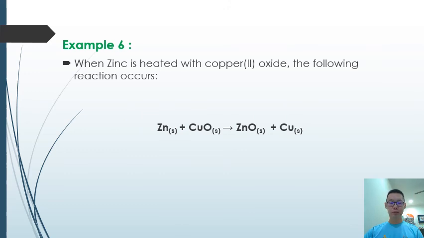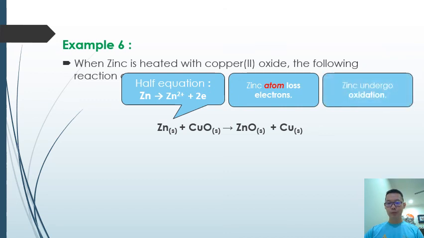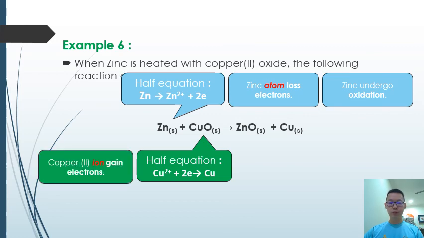Example 6. Zinc reacts with copper 2 oxide. The zinc atom loses 2 electrons. So the zinc atom undergoes oxidation. The copper 2 ion receives 2 electrons.